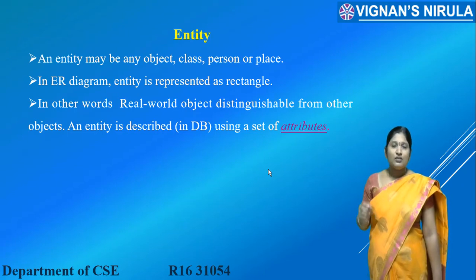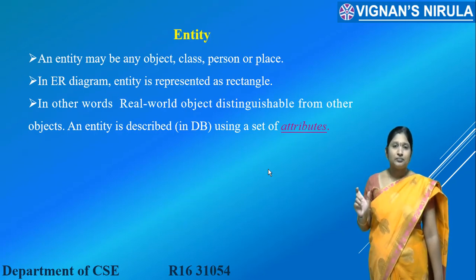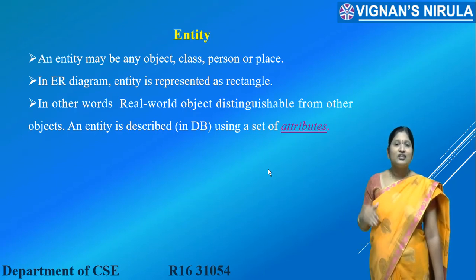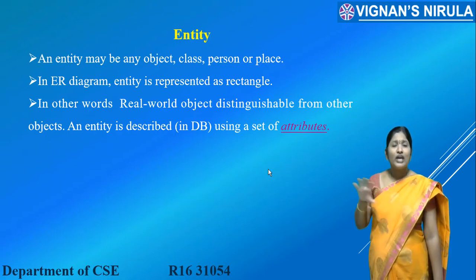The first concept of your ER model is entity. As its name indicates, any real world object can be called an entity. For example, I myself, a human being, am an entity, a fan is an entity, a table is an entity. So any real world object can be called an entity.